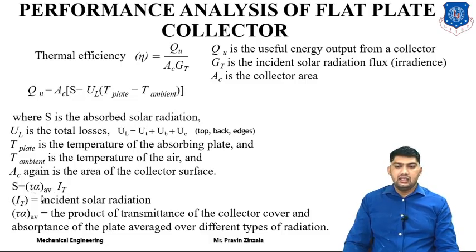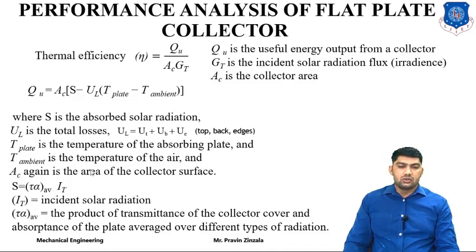It is the product of the incident solar radiation and the transmittance of the solar collector cover and the absorptance of the plate, averaged over different types of radiation. So it is the product of incident solar radiation and the product of transmittance and absorptance of the solar collector.